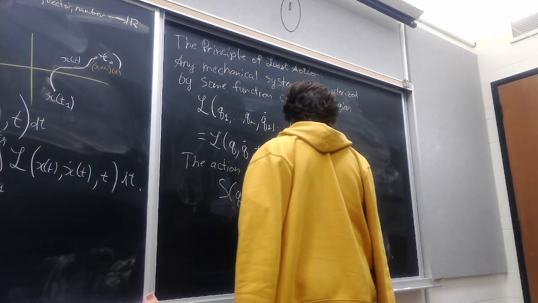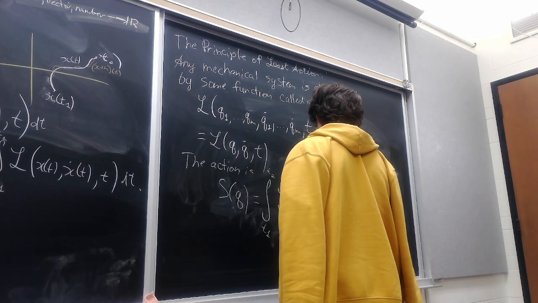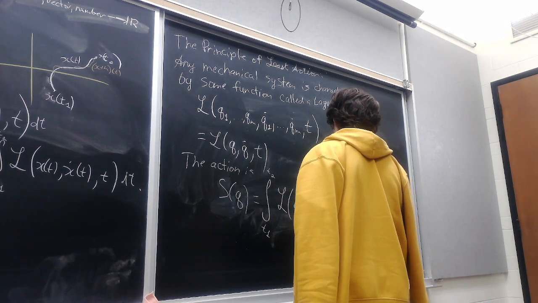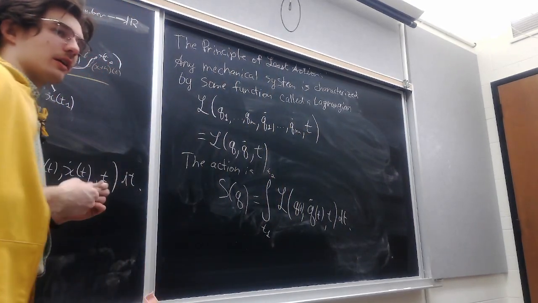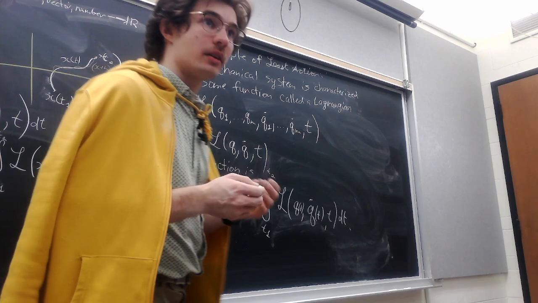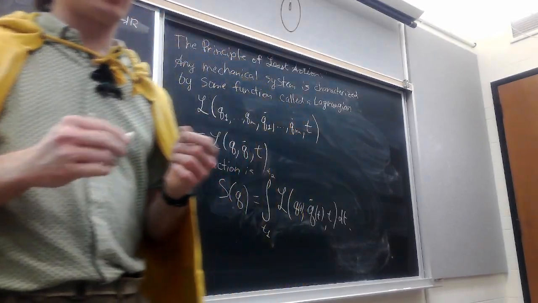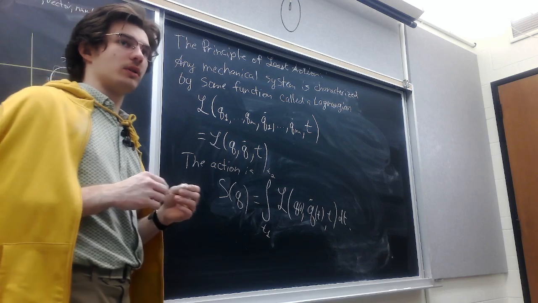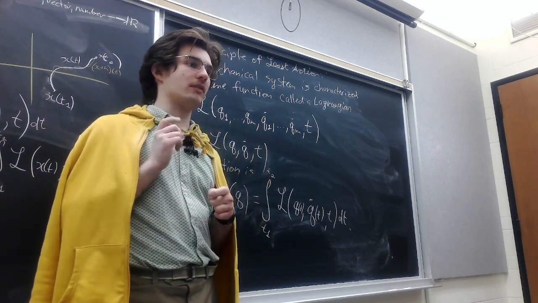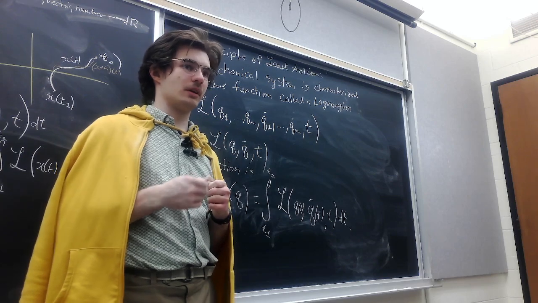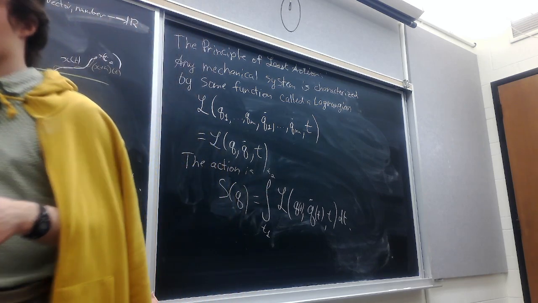And now when I write q dot, I actually mean the derivative of q as a function of time. So if I want to find how my system evolves over time, that is the same thing as saying I want to figure out what q of t is. I want to figure out the position of my particles at every moment in time. Because the generalized coordinates tell you the position of your particle in some way, shape, or form. Okay?